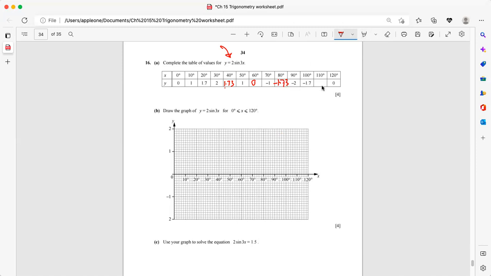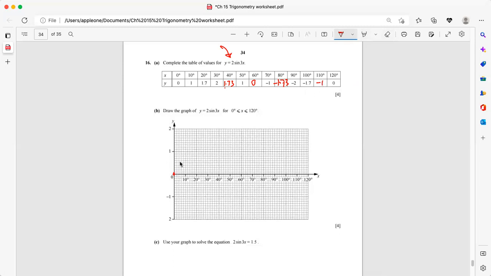And here is the last value, which is 2 sine 300, I would say. It's basically 110, so it's basically 330. 330, yes. So minus 1. Minus 1, yes. Now plot these points.